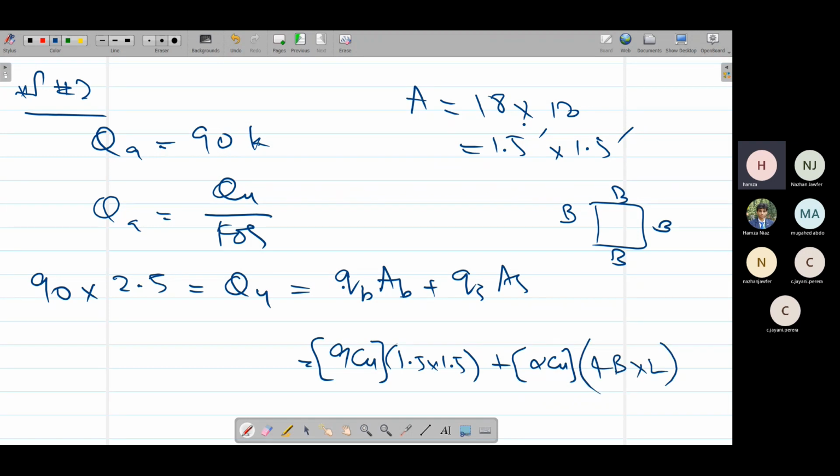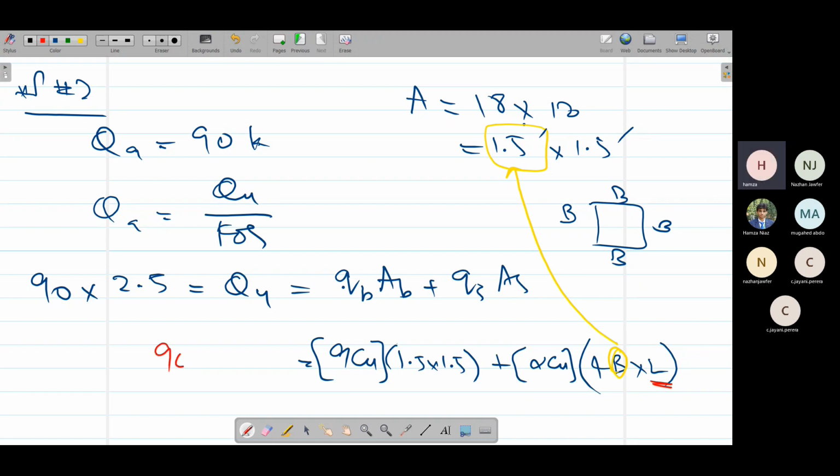Pi d is the perimeter, times L becomes the surface area. So here 4B times L becomes the surface area. Now we know the B value as 1.5 feet. We do not know the L value, so this is our variable.